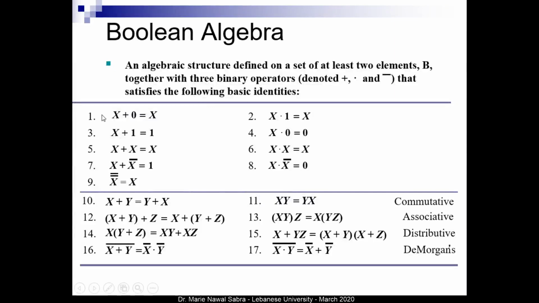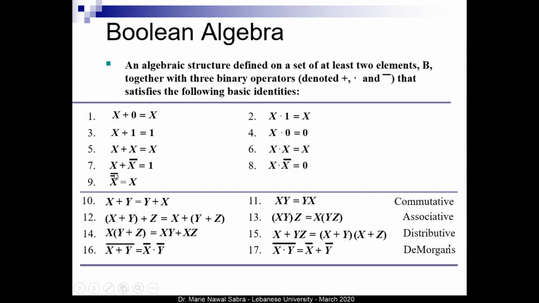So for example, x OR 0, if I OR 0 with any variable, is going to be this variable. X OR 1 is always 1. You can test it in the truth table. X OR x is x. X OR x bar: whenever x is 0, x bar is 1, so ORing is going to be 1 all the time.